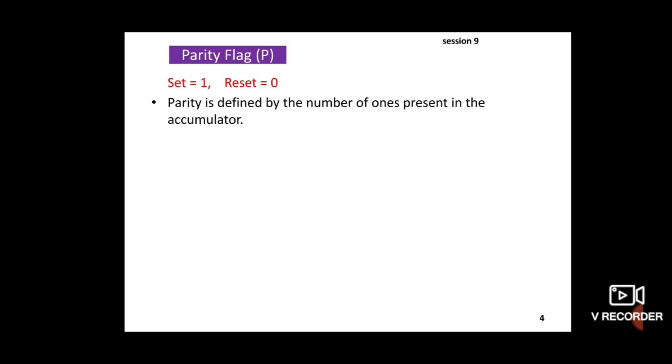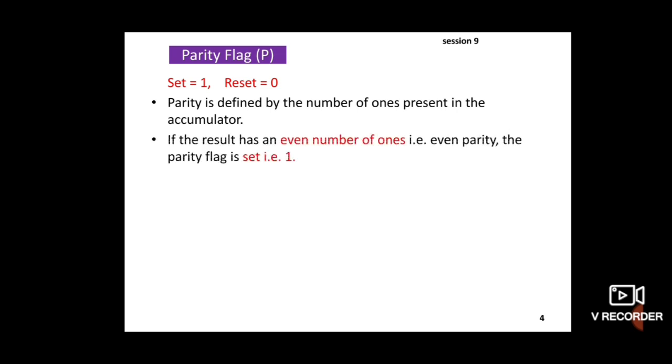So what is the definition of parity? What is the meaning of this parity? Parity is defined by the number of ones present in the accumulator. If the result has an even number of ones, that is even parity, then the parity flag is set to 1.